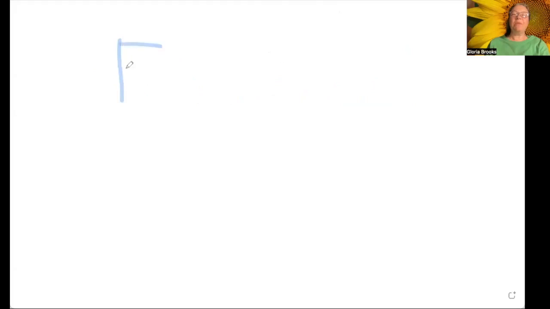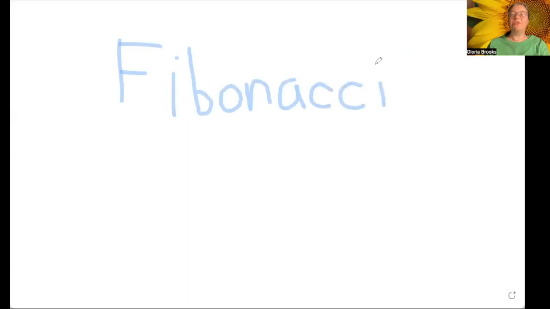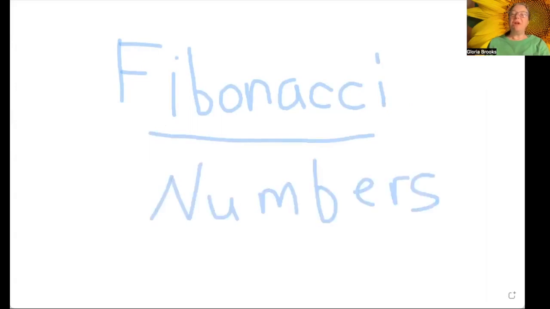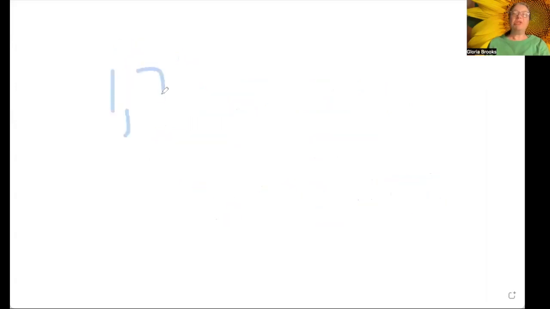The next number we'll be learning about today are Fibonacci numbers. If you have your journal, you can go ahead and write this in the journal: Fibonacci numbers. Now, Fibonacci numbers are 1, 2. 1 plus 2 is what?